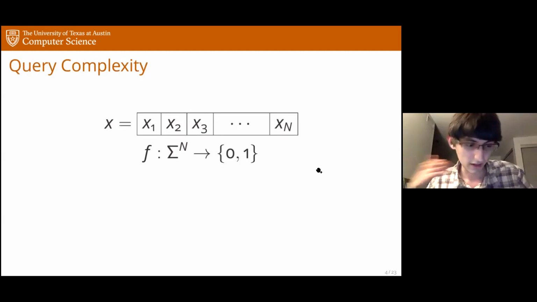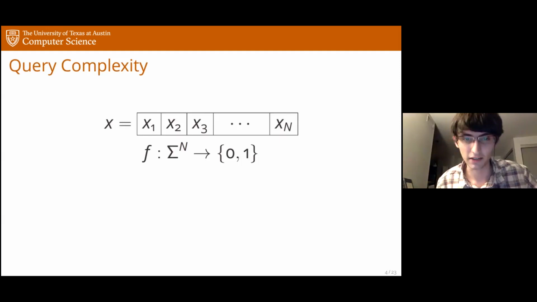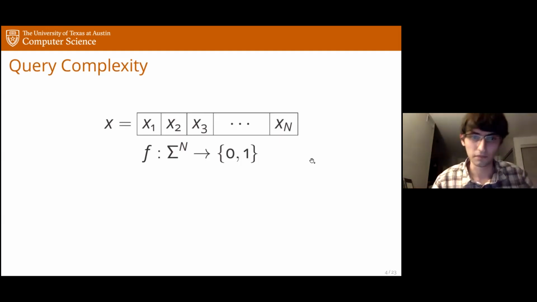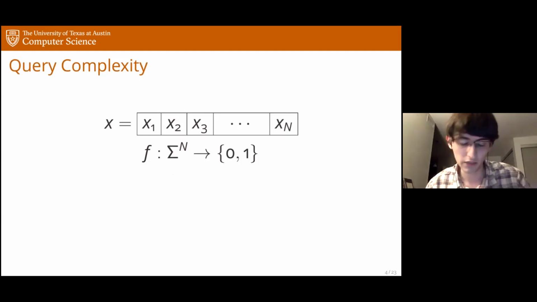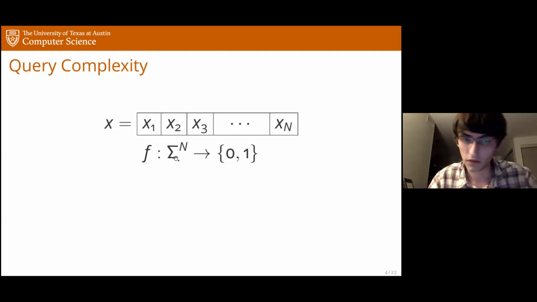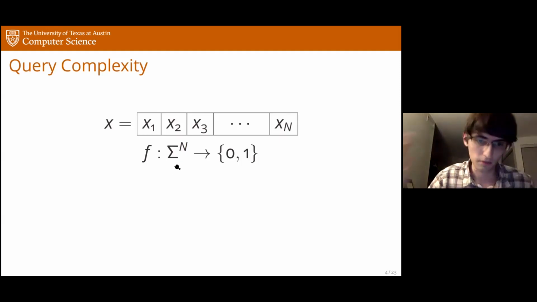Of course, the most common way we answer these sorts of questions is by looking at the query complexity model. In the query complexity model, there are always 2 objects. There's a function f, which is known, and an input x to f, which is unknown. Your goal is just to evaluate f on x. So f takes in n inputs, over some alphabet sigma. You can think of this as just being a binary alphabet.